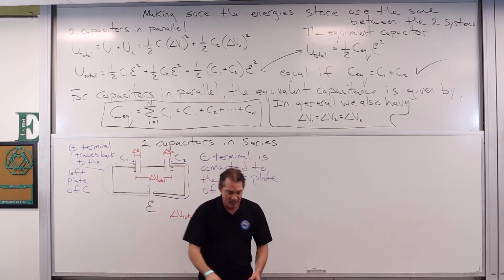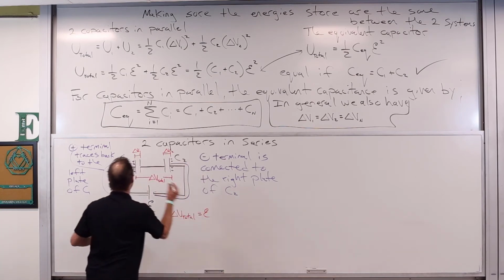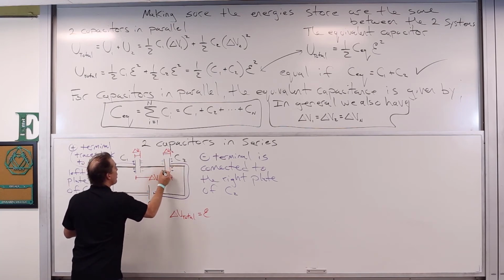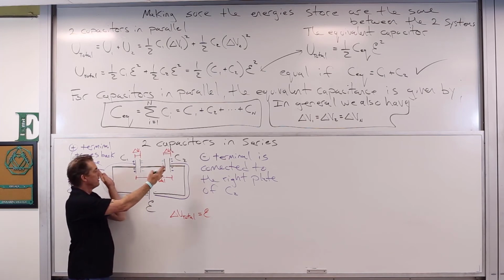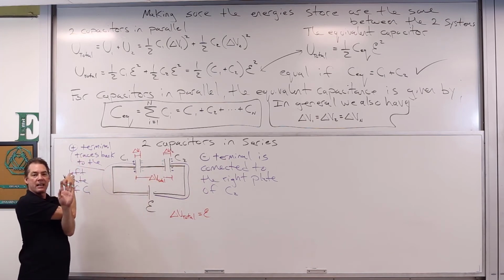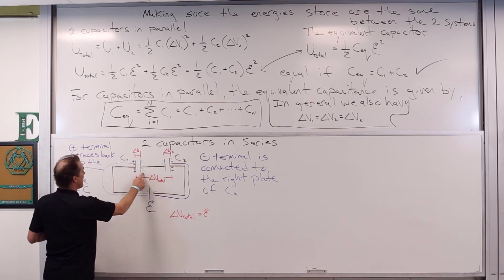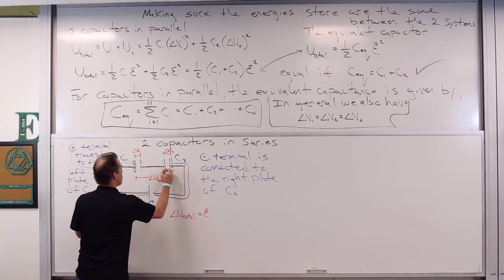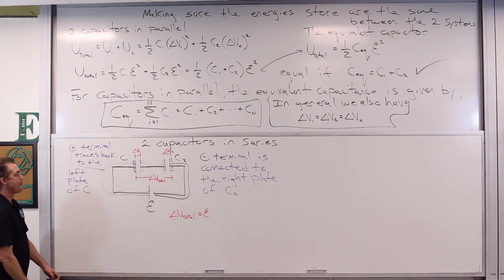So what happens? We get, again, this polarization shift that produces a mirroring of the charges on the outside plates. So now we have just as much negative charge as we had positive charge here. This should be positive. And just as much positive charge here as we have negative here.